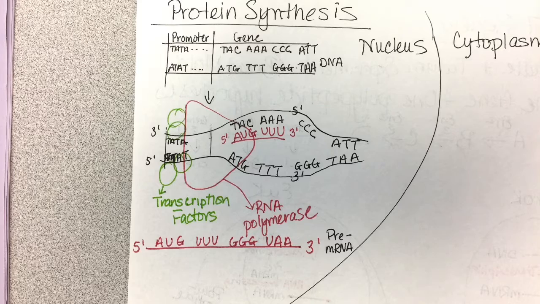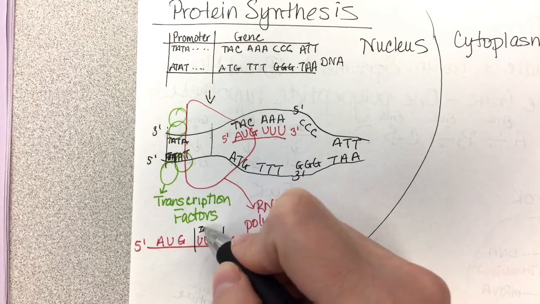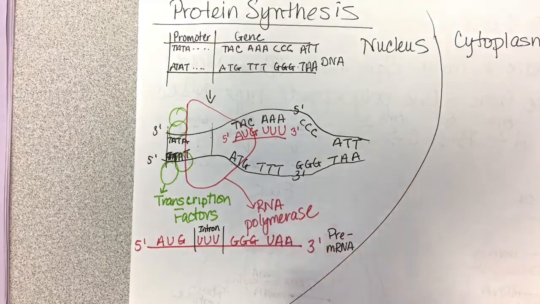All right, so let's go through the processing. So what are the 2 steps for processing? It is cutting out the introns and also adding a cap and a tail. All right, so if we look here and we treat, let's say we treat this as an intron right here.